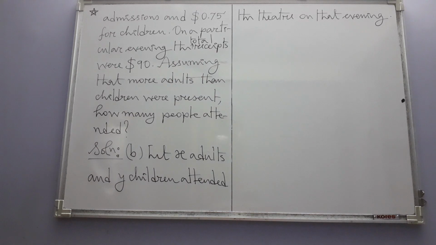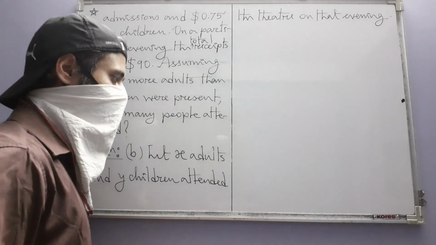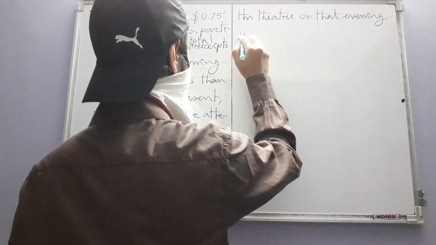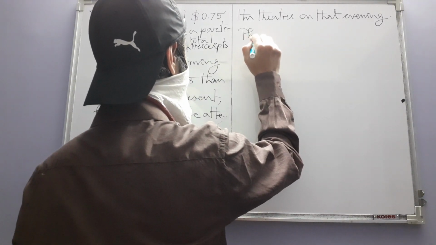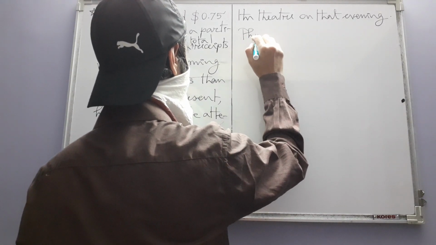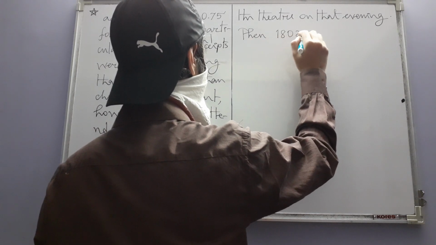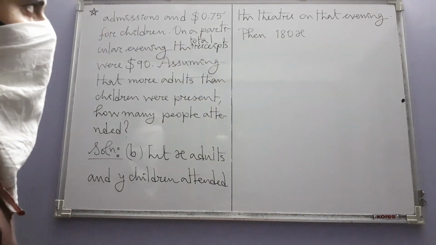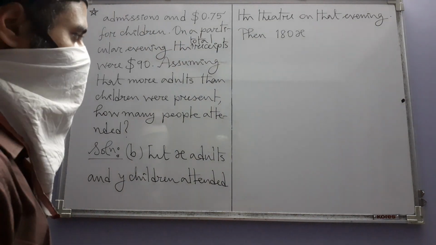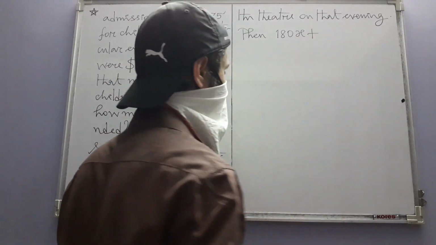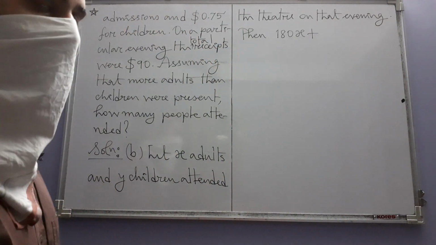So adult admission costs $1.80, that means 180 cents. So if x adults were there, then 180x cents were accumulated, plus 75 cents for one child.